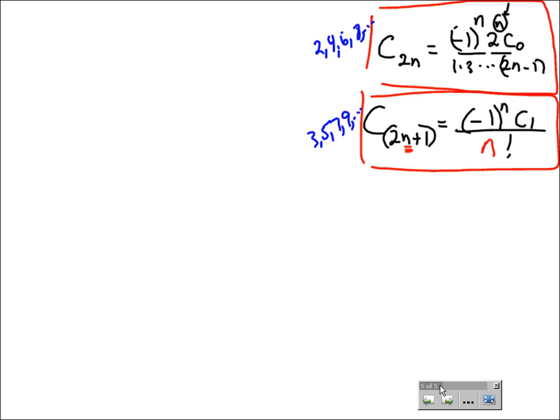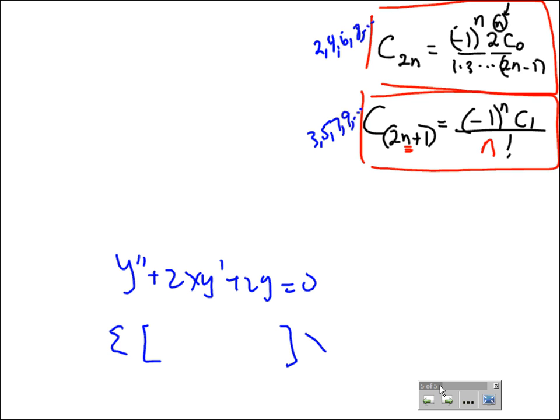And the question is, did we have a leading term that was 0? In fact, no. Because when we solved for, let's see what that equation was, y double prime plus 2xy prime plus 2y equals 0, what we had was the summation of some big mess times x to the k equaling 0.